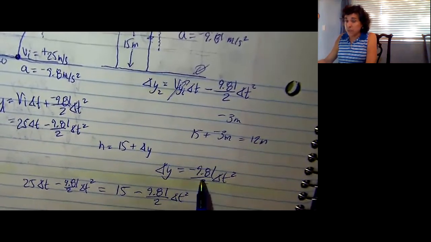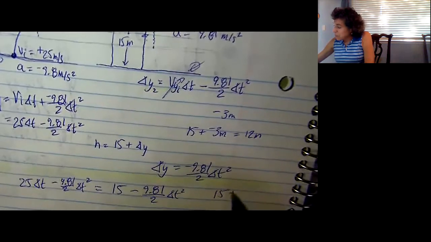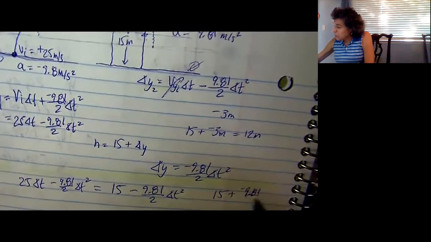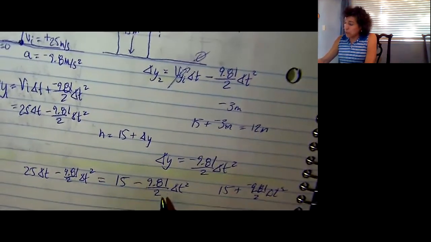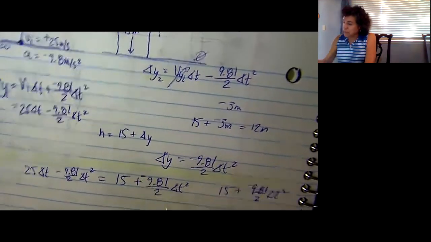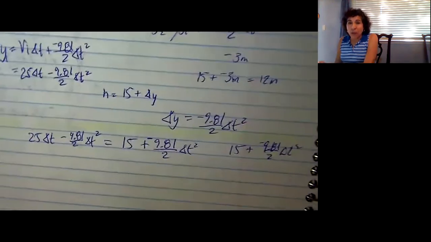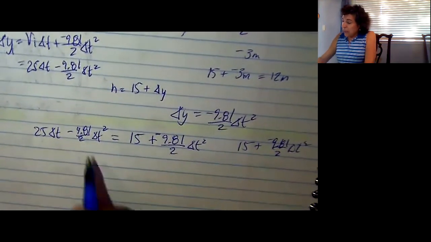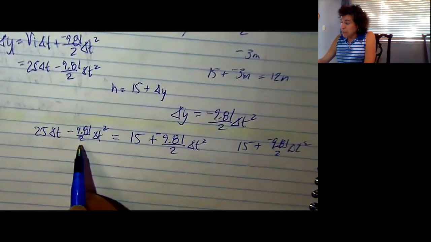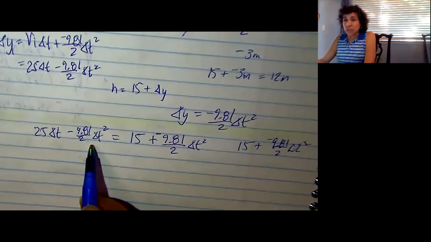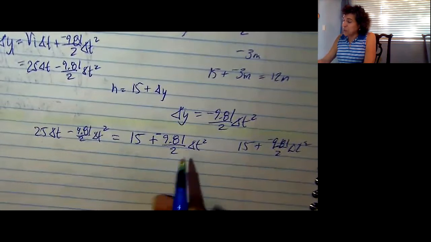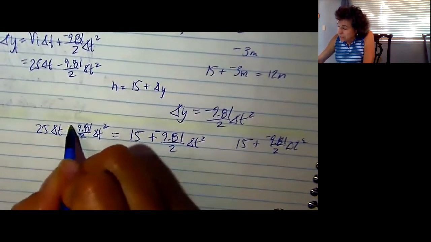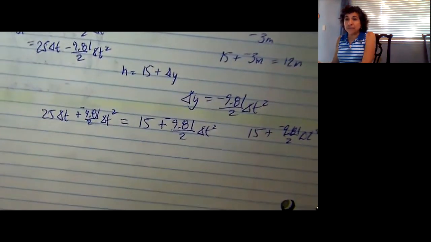Does that make sense? So 15 plus negative 9.81 over 2 delta t squared. So let me make that more clear. I'm going to put plus a negative, all that stuff. Okay, so now I have an equation here. 25 delta t minus 9.81 over 2 delta t squared is equal to 15 plus a negative 9.81 over 2 delta t squared. Make them both plus negatives. There we go. Now it looks the same.